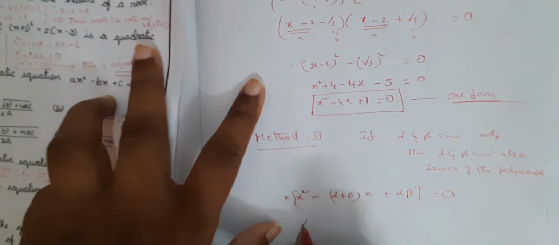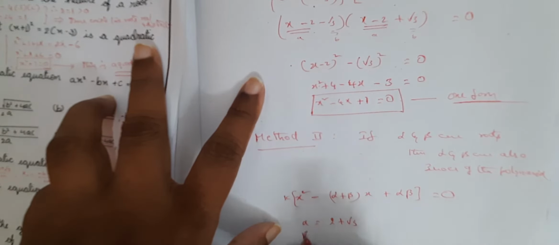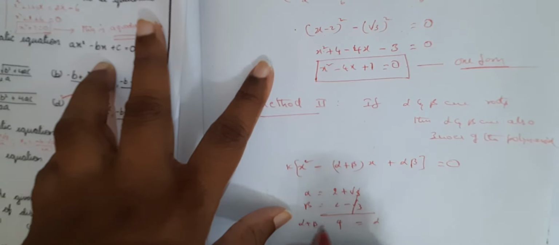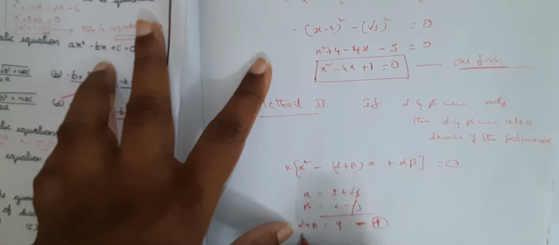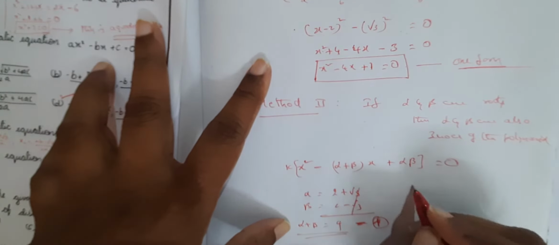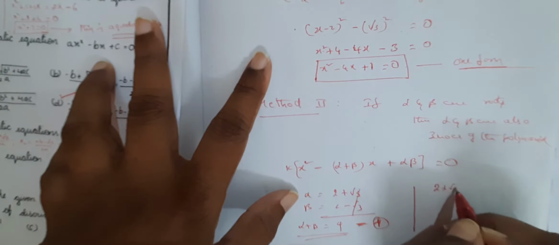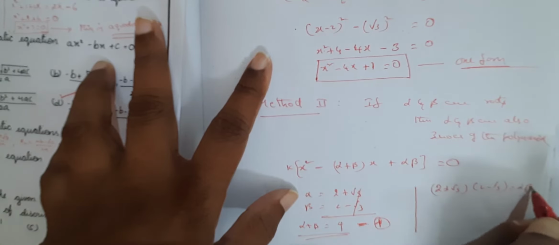Right? So my job here is alpha is equal to 2 plus root 3 and beta is equal to 2 minus root 3. Now sum of the roots is equal to 4. So that is alpha plus beta. Alpha plus beta is equal to 4. Right? So now I got sum of the roots value. And now let us find out alpha into beta, that is 2 plus root 3 into 2 minus root 3, which is equal to alpha into beta.